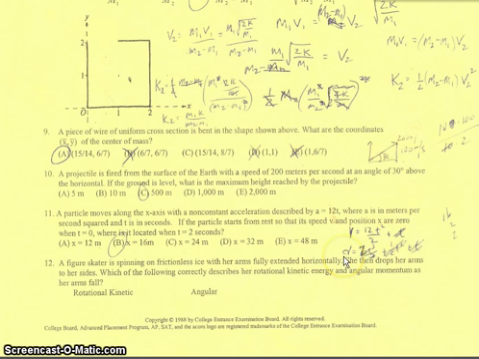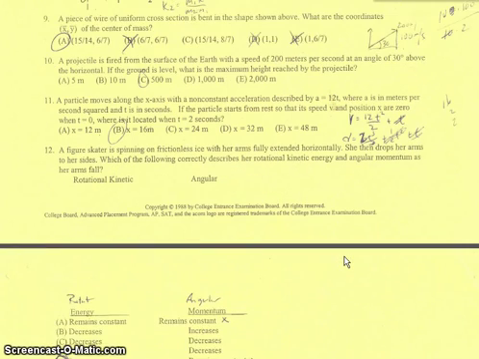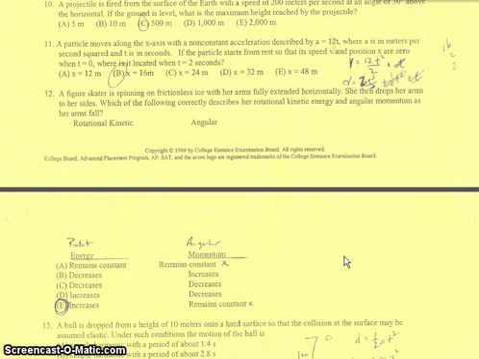Then I did the integral of that to get to my displacement function, and once I had my displacement function, I just plugged in a 2 and got the answer of 16.